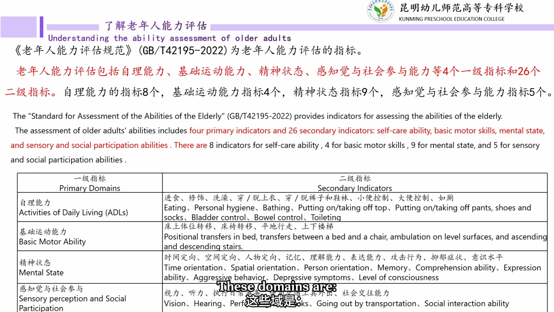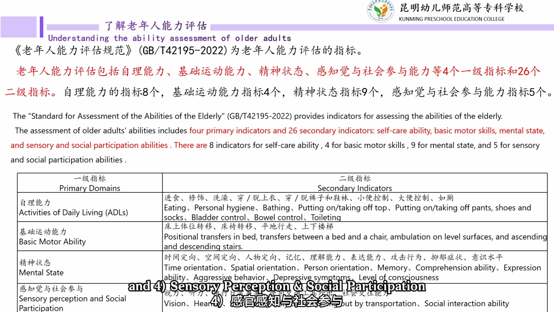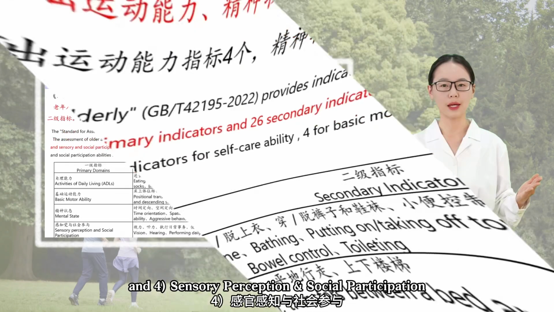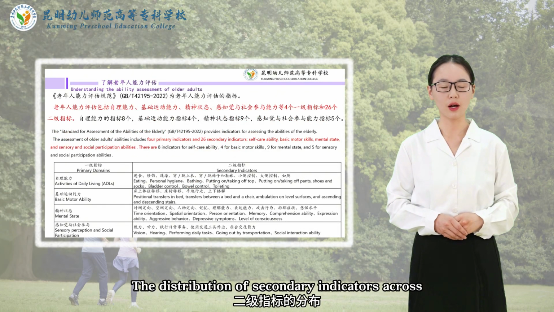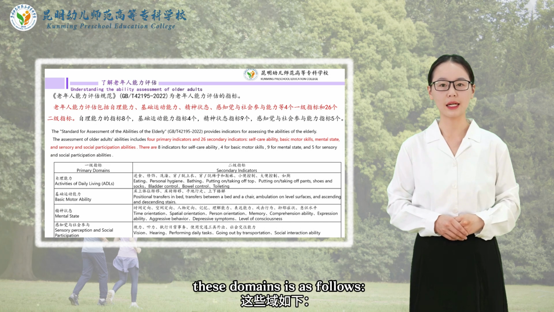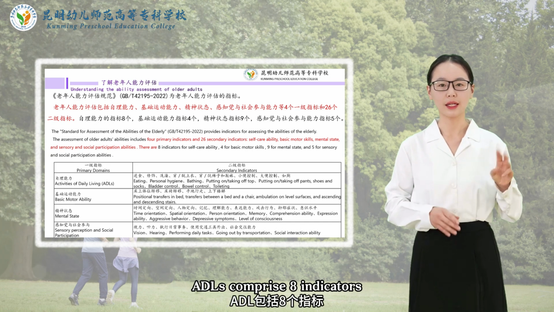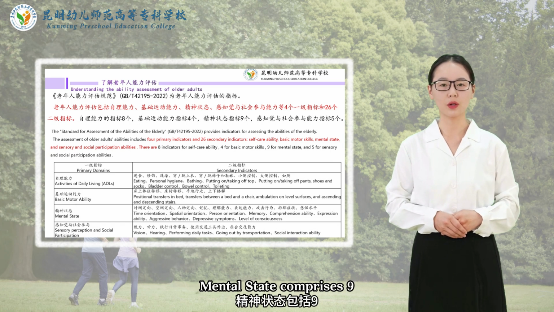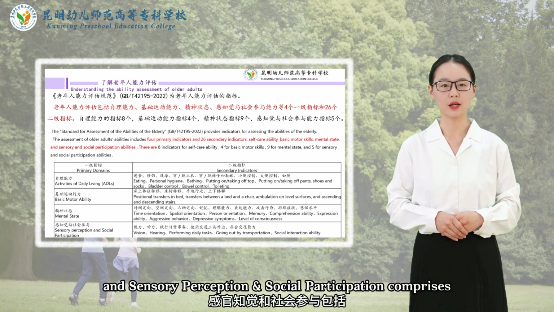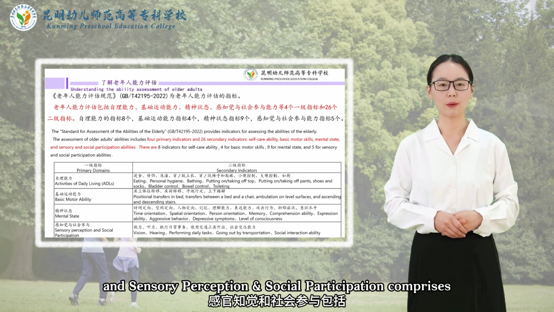These domains are 1. Activities of daily living, ADLs, 2. Basic mobility, 3. Mental state, and 4. Sensory perception and social participation. The distribution of secondary indicators across these domains is as follows. ADLs comprise 8 indicators, basic mobility comprises 4, mental state comprises 9, and sensory perception and social participation comprises the remaining 5.